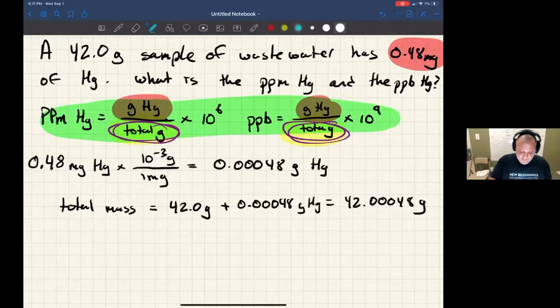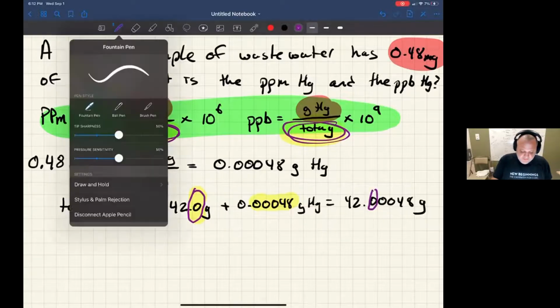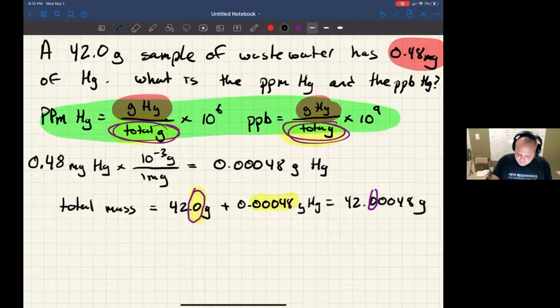And now I would want to apply my sig fig rule, which says I take the amount that has the least number of decimal places, and in this case that's 1 decimal place. So when I actually write the value down, I just get 42.0 grams of sample.